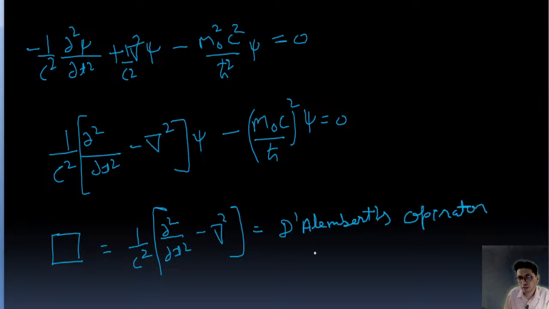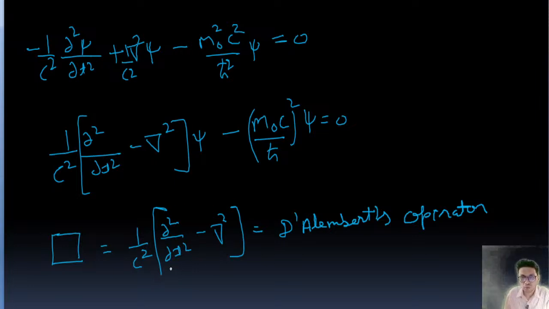So this is called D'Alembert operator. This is a French name, guys. It's a French scientist. Normally in India we say D'Alembert's operator, but it is D'Alembert operator. It's a French name, guys.